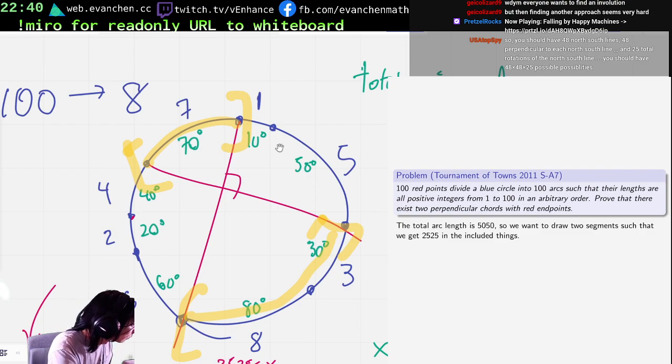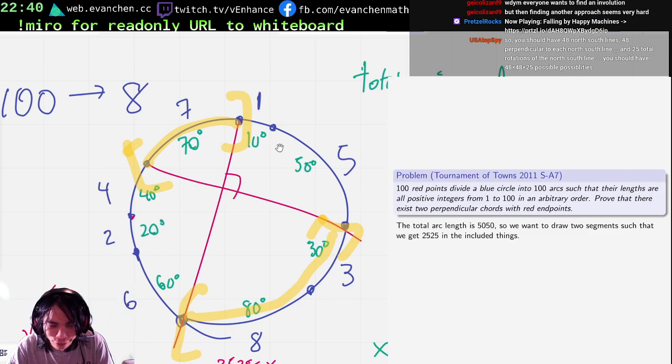Okay. Alright, there's one more request about a CGMO problem. Let me look at the problem before I decide whether or not I want to do it. Otherwise, I might retire early. What the heck is this?